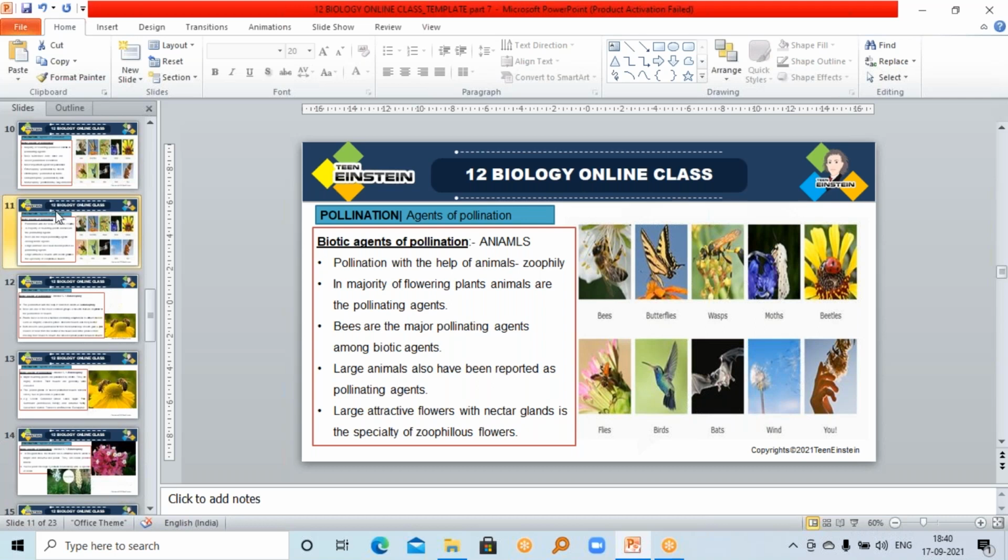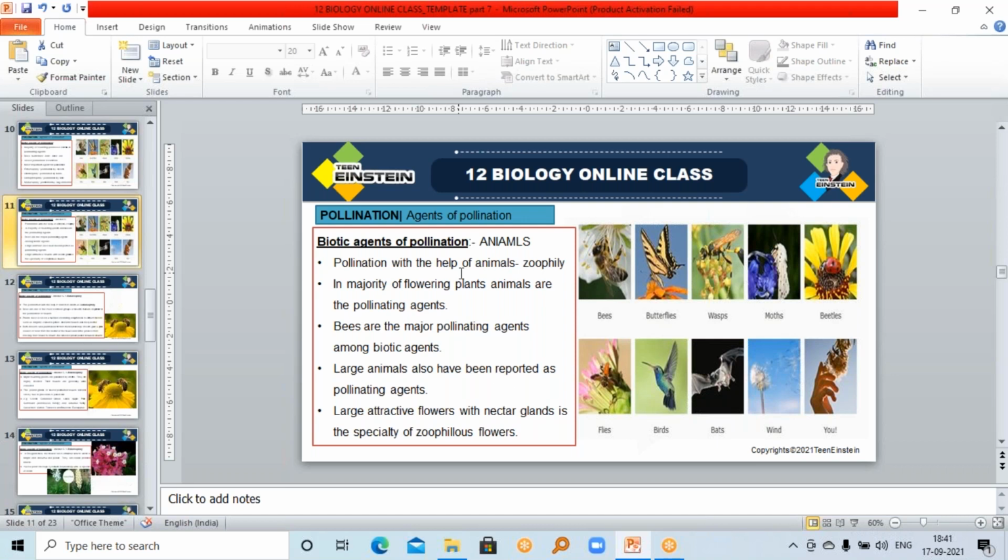Especially for this nectar, the insects or animals come to the flower. These are the important features of zoophilous flowers.